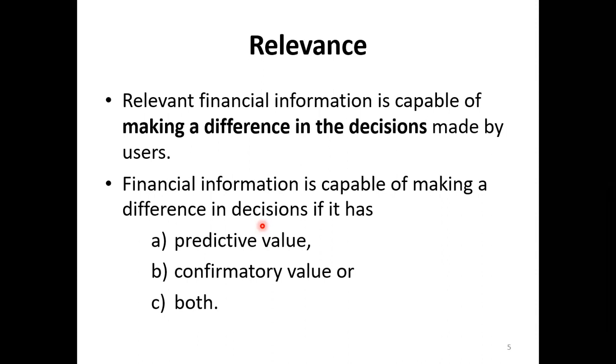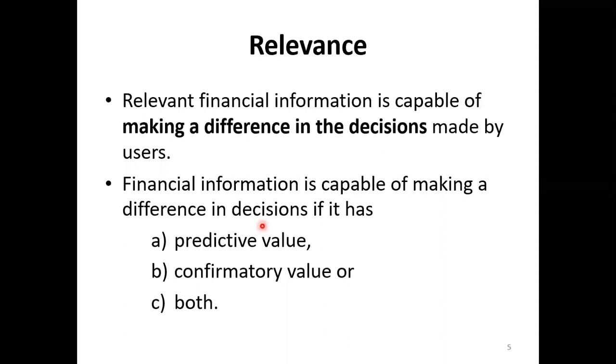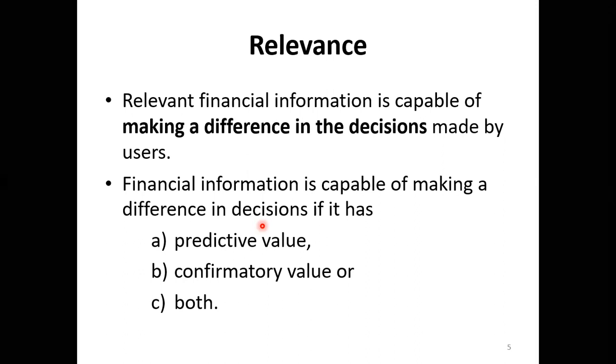So it's predictable, it can be forecastable. Predictive value, confirmatory value, or both. Predict means we just forecast. Based on the past figures, we can guess, we can forecast, we can estimate the future.